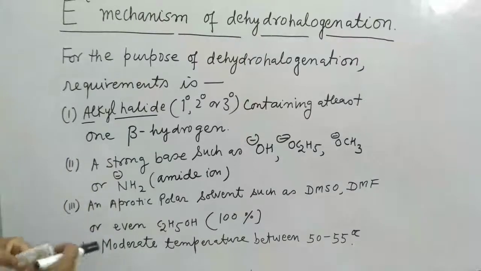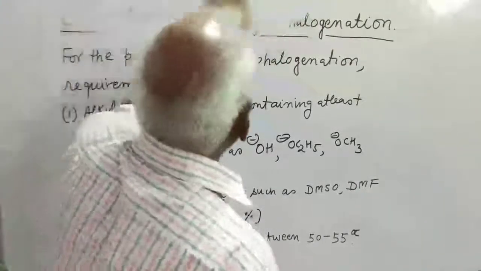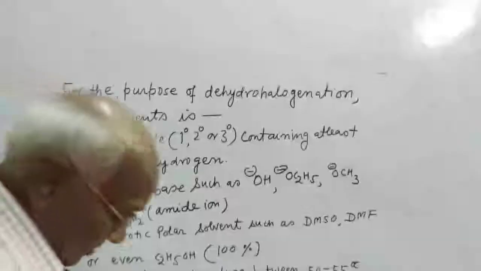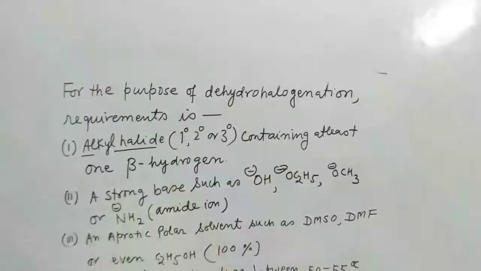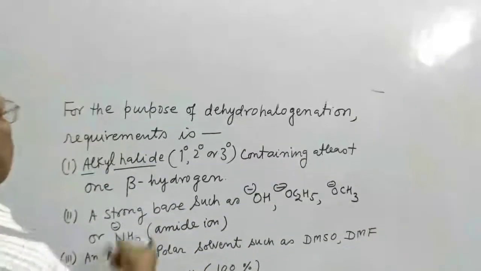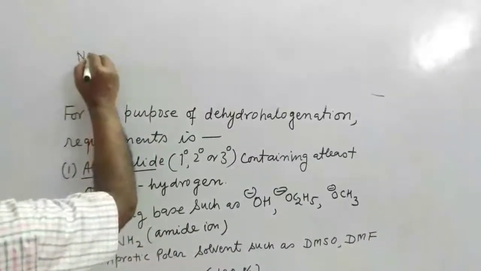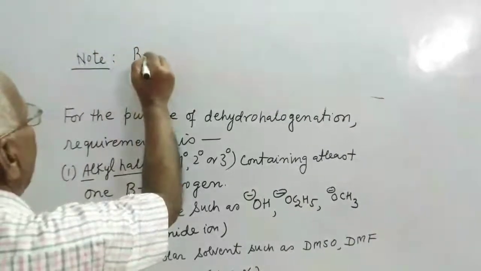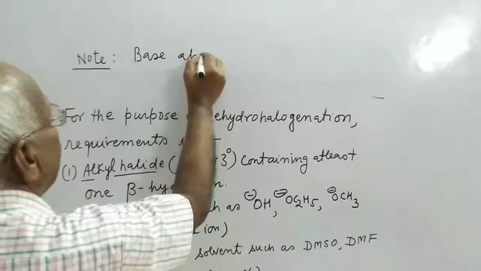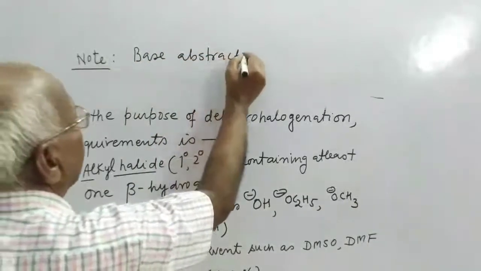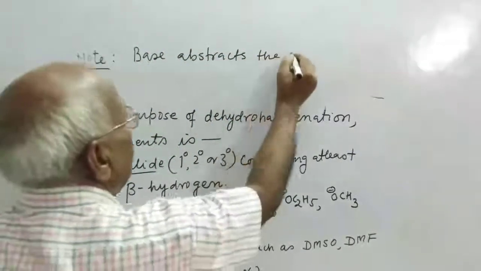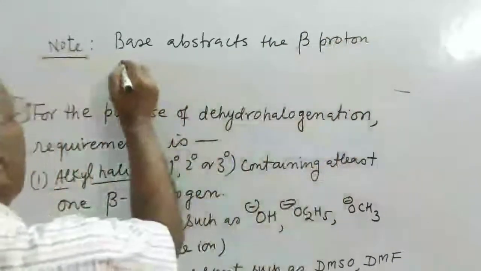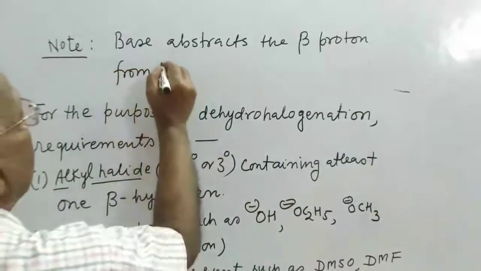One important thing is that we use the polar aprotic solvent. What is the reason? Why do you take a polar aprotic solvent? The reason is very simple. Note, the base abstracts the beta proton from the haloalkane.